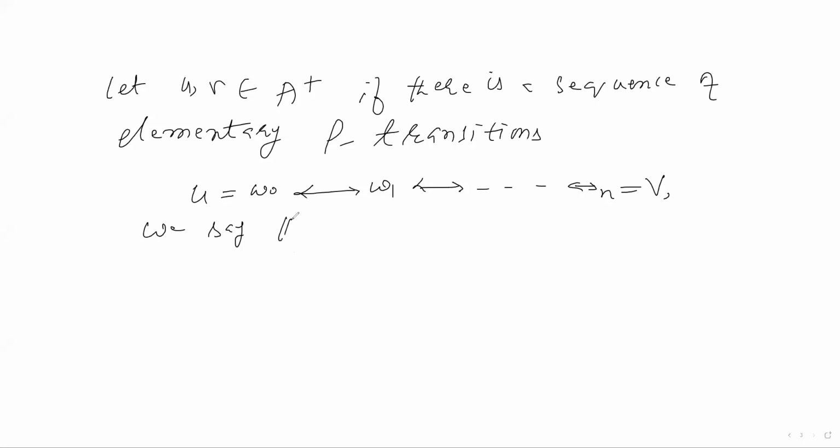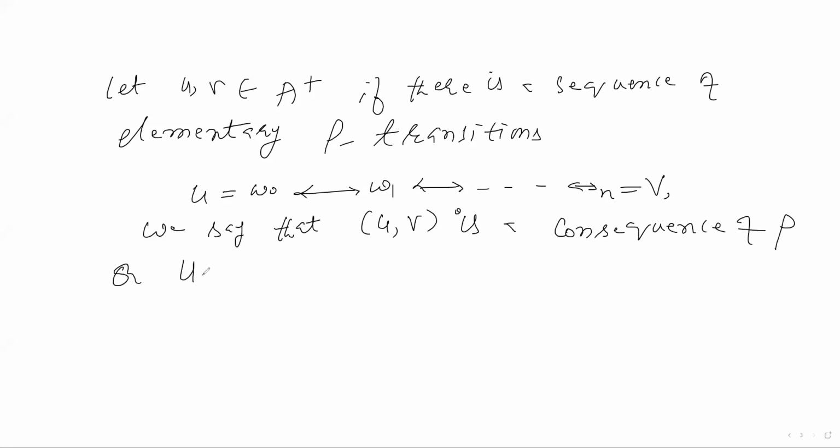We say that this pair u, v is a consequence of rho, or u, v can be deduced from rho. U can be deduced from v by rho.